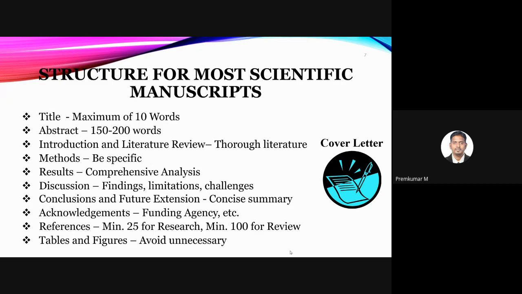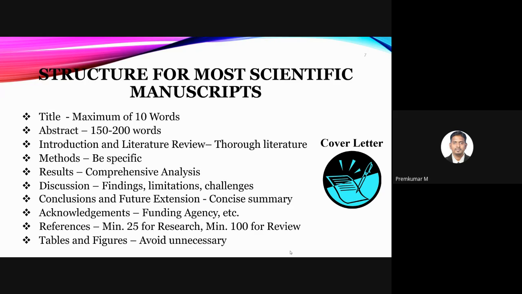Also tables and figures. Obviously when you write research papers, tables and figures are a must, because all your empirical evidence will be illustrated or presented through tables and figures. But you should avoid unnecessary tables and figures. If you are conveying something through a figure, that should not be reflected in a table, and if you are illustrating something through a table, that should not be reflected in the figures.